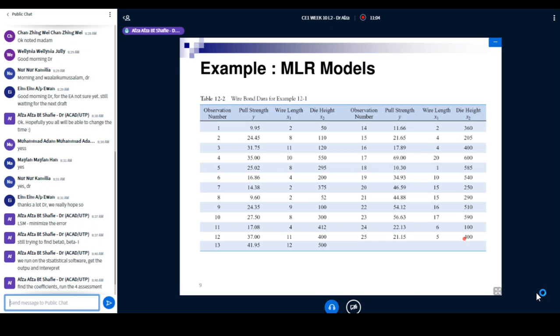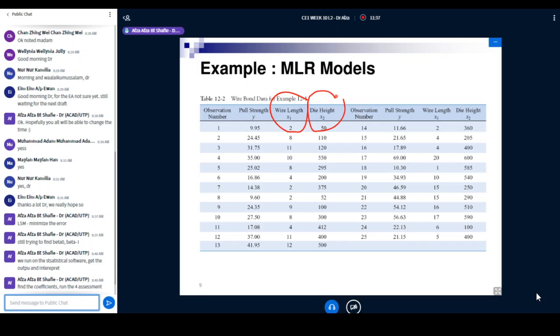So this is an example of the MLR. Why do I say it is an example of the MLR? Because you now have 2 variables, wire length and die height, which are x1 and x2. It is multiple because you have more than one x. What you're trying to do is find the relationship between the pull strength, the wire length, and the die height.